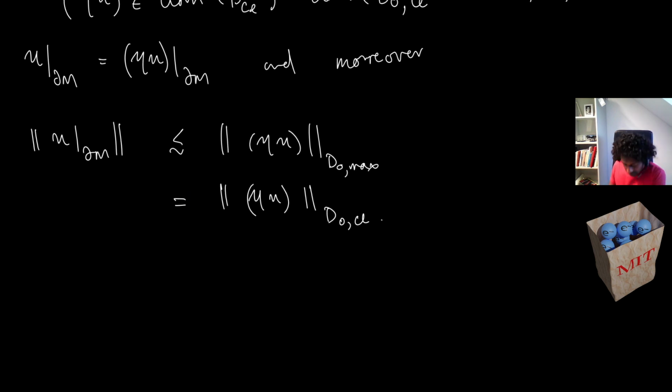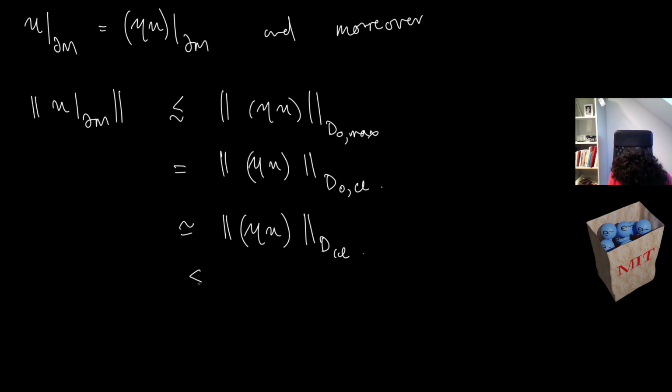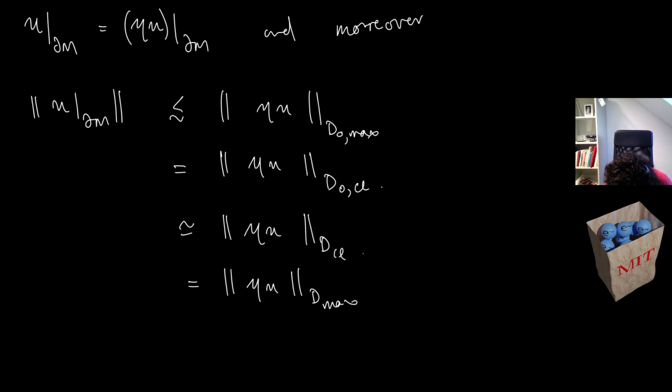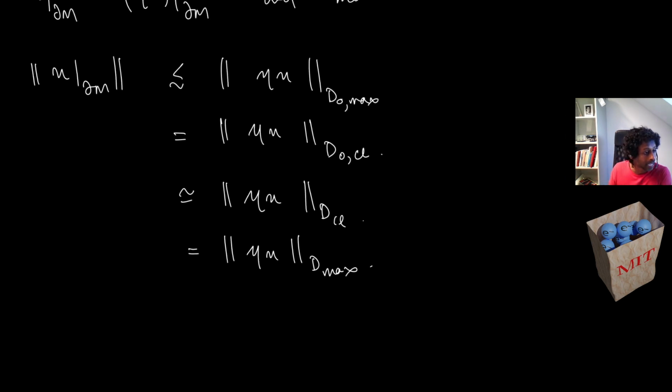So this is what the norm D naught closure is, and now from the previous lemma, this is now D closure, and this is now bounded, and this is now actually equal to eta of U. Don't need that. D closure, D max. So this is in the maximal domain.